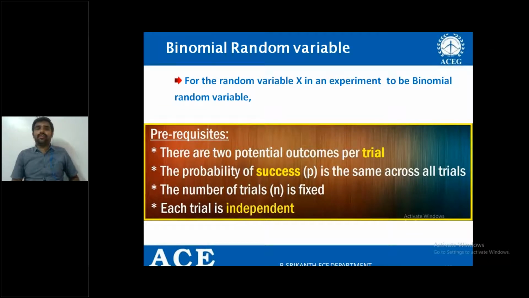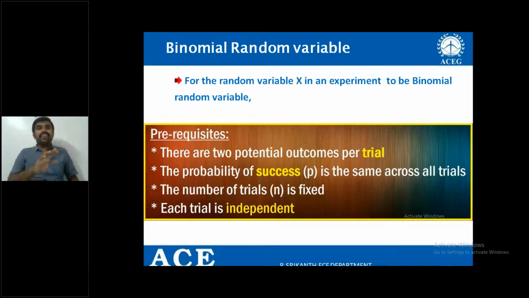In the previous experiment, while tossing a coin, the two potential outcomes are either head or tail. Similarly, the probability of success is the same across all the trials. For example, I'm assuming that getting a head is success, and that success probability must be the same in all the trials.